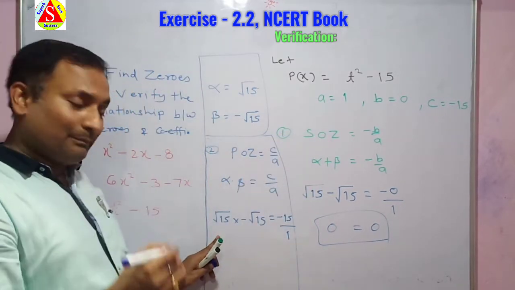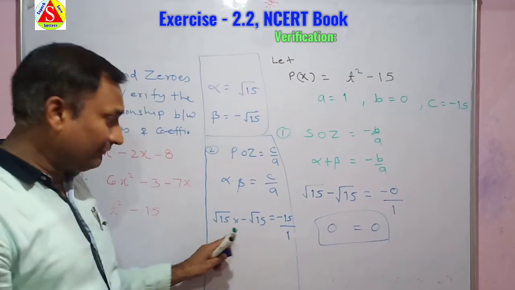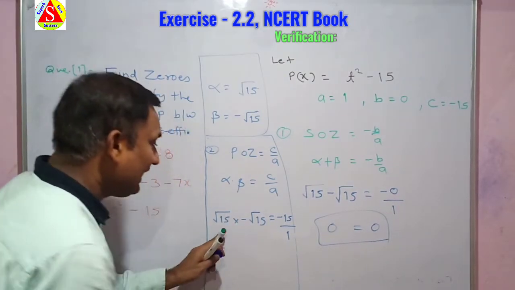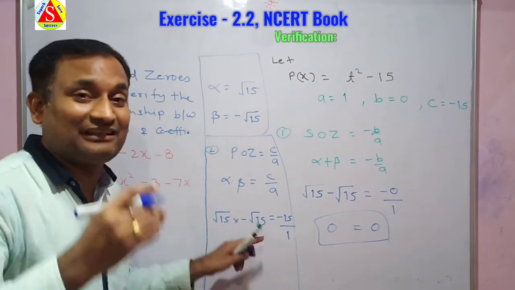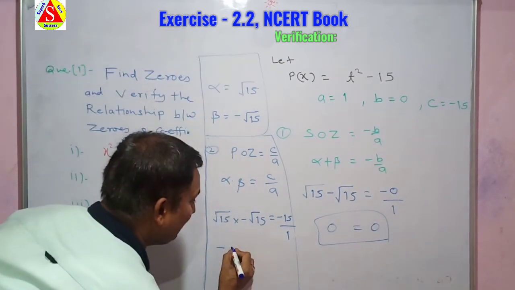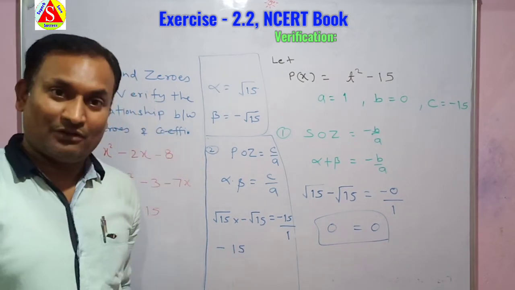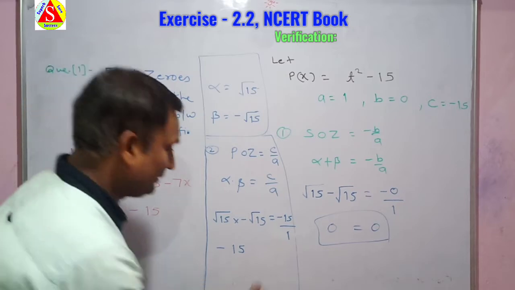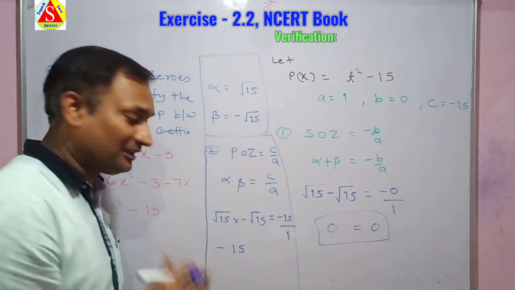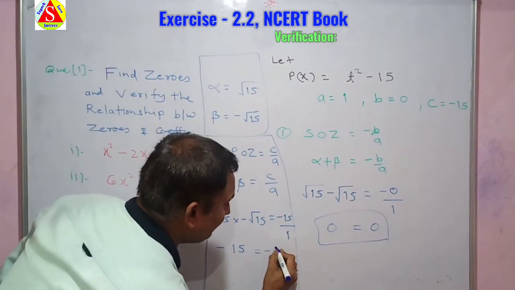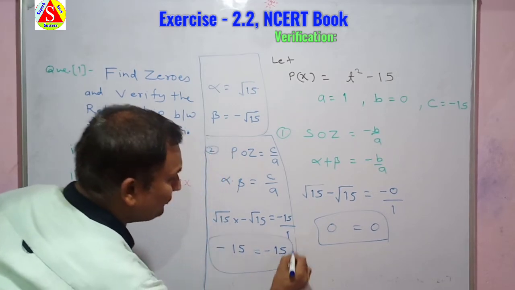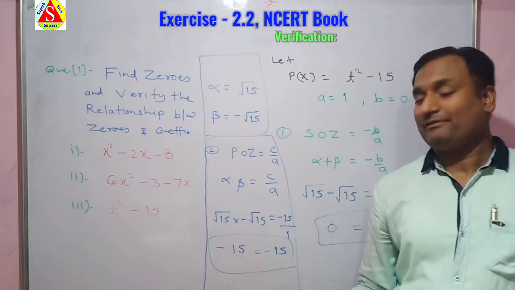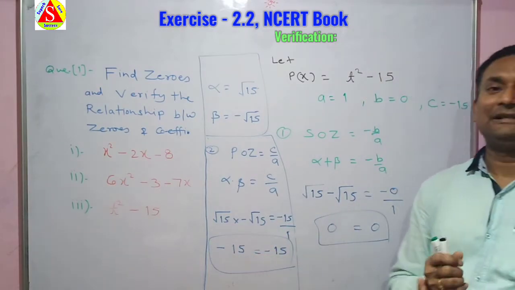When we multiply, dear students, under root 15 and minus under root 15, we will have minus, and under root 15 times under root 15 is under root 15 square. Finally we will have 15, as square and square root cancel out, and on the right side also we have minus 15. Dear students, you can see the second condition is also verified. Minus 15 is equal to minus 15.